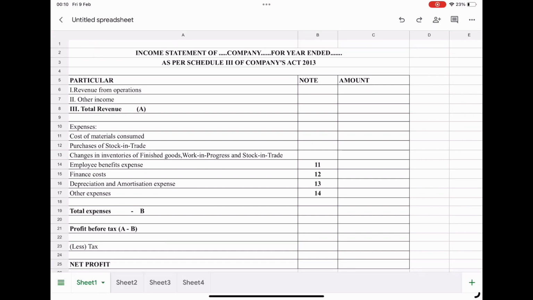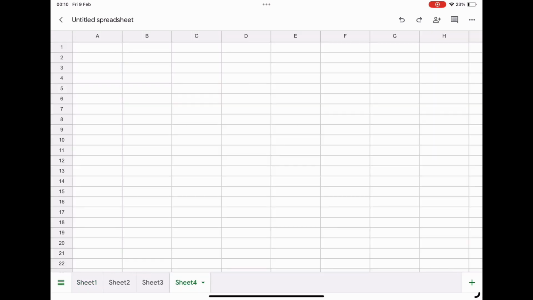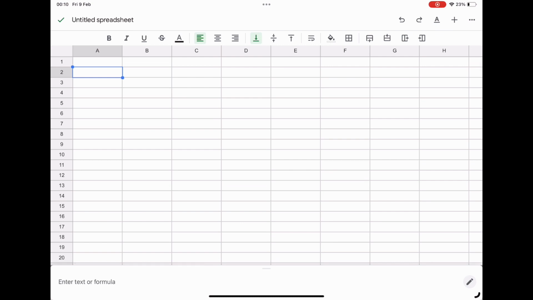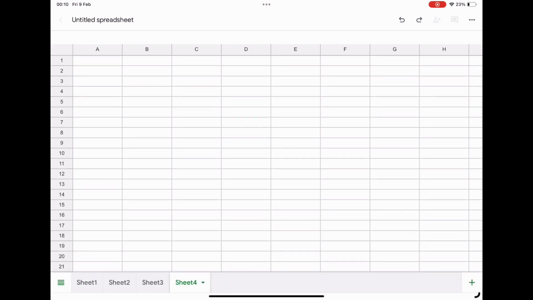Okay, next, in the next sheet, prepare the balance sheet format. Just as usual how we are going to start, like that you prepare an empty balance sheet with all the items written, how we will be presenting it.